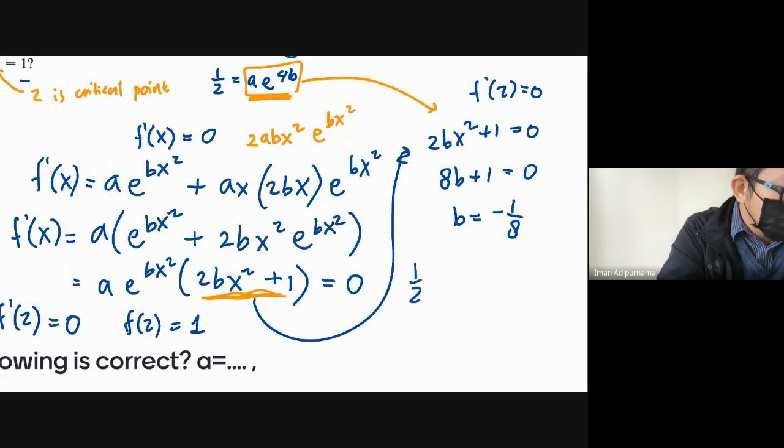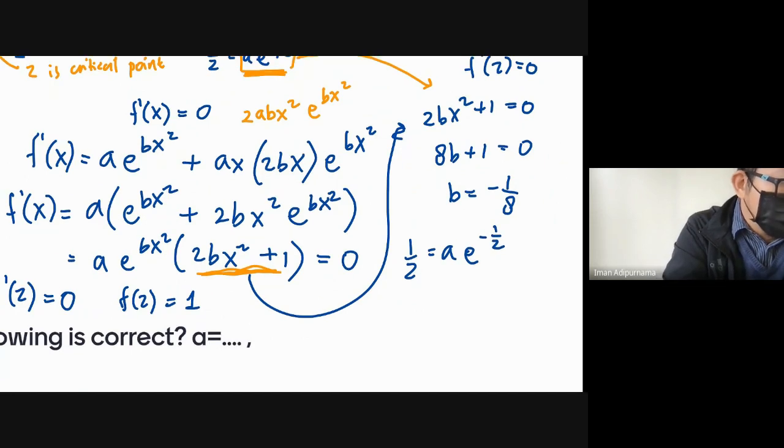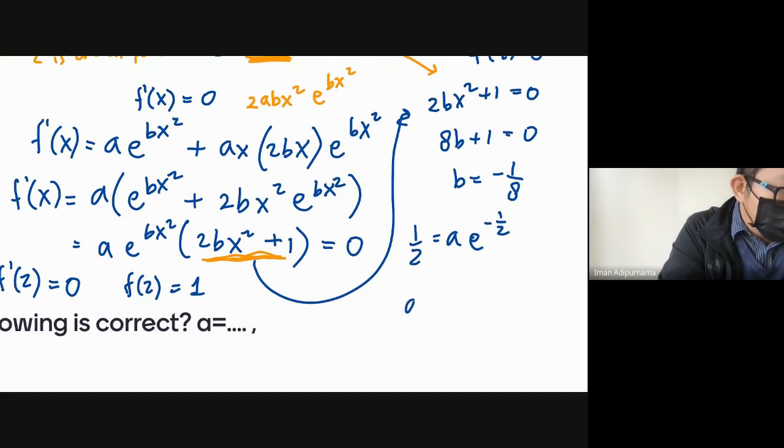Then we can substitute to a, e of, this will be negative half like that. So we will have a is, now this, you need to be careful, okay? This is having a negative. So this is actually a over square root of e.